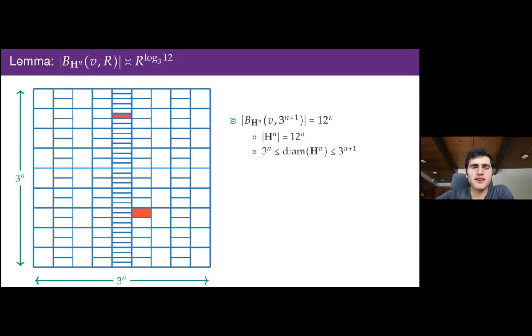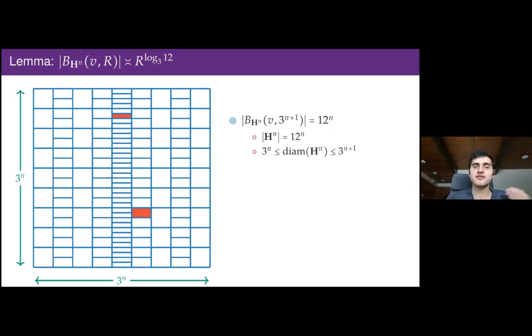You can further see that there are two vertices for which this distance is at least 3 to the n, for instance the bottom left tile and the top right one. It is further true that the distance from the left of Hn to its right is also about 3 to the n.